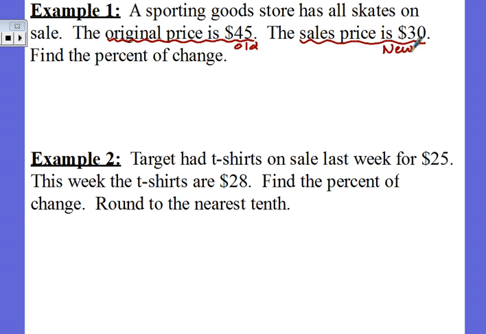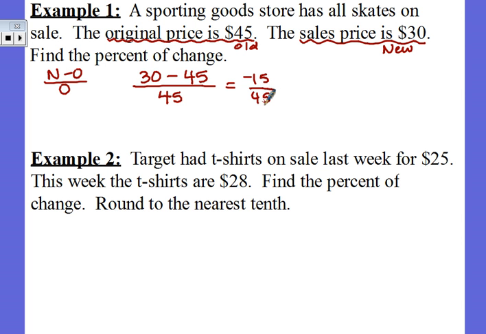So then we're going to write our n minus o over o formula. The new was 30 minus the old was 45 over the old was 45. So we do our subtraction first, and we do 30 minus 45 in our calculator, and we get negative 15 over 45.